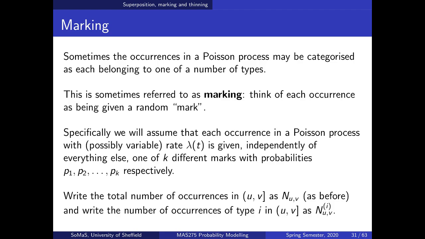So we write, now we had N(U,V), and I'm going to say N(U,V,i), like this, is the number of occurrences of type i happening in this interval UV. So we have this for each i going from 1 to k, k being the total number of possible marks you have.